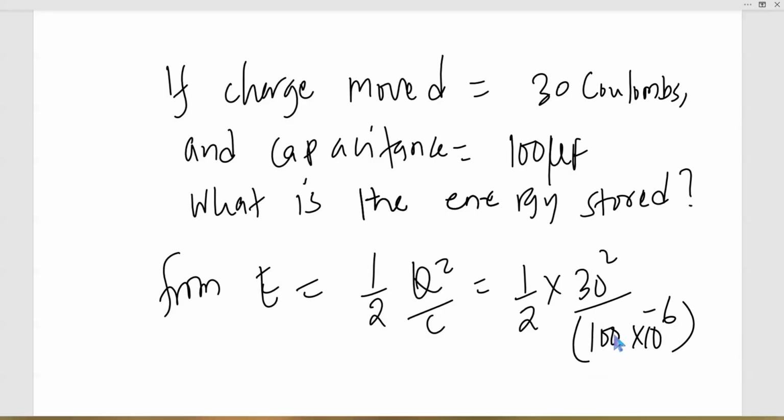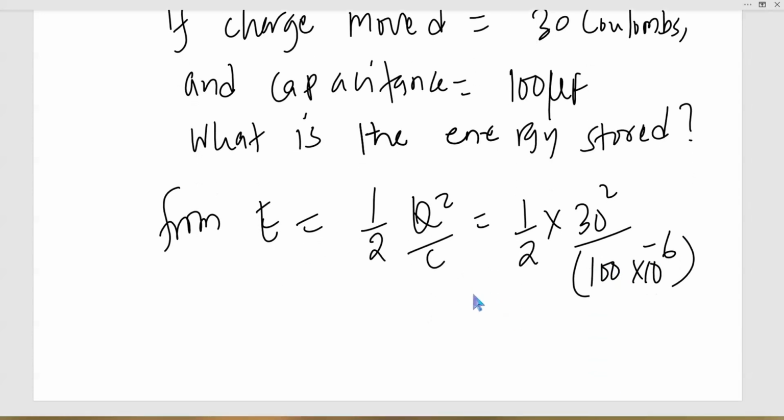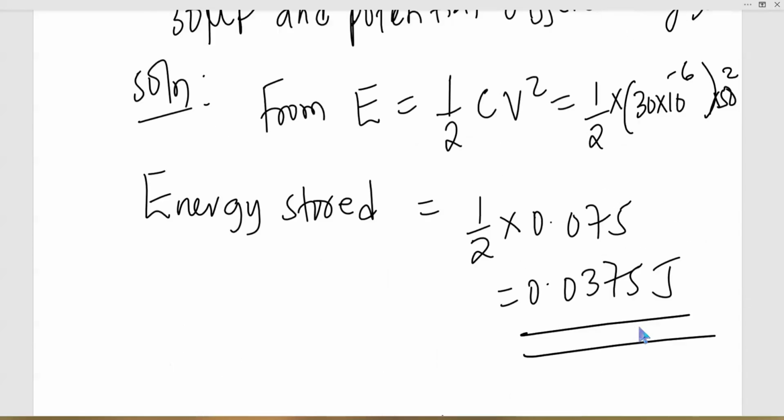So we'll have 30 squared divided by 2, then divided by 100 exponent negative 6. Remember, I am using my calculator. So the energy here is equivalent to 4.5 times 10 power 6 joules.